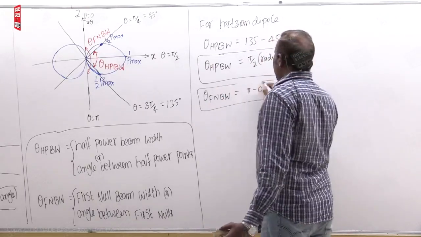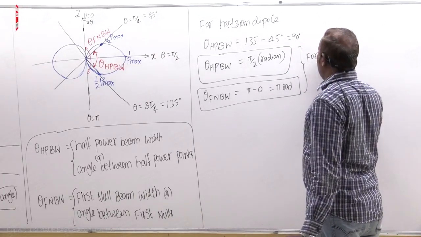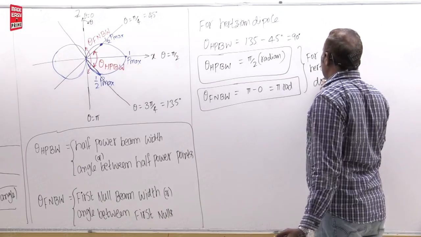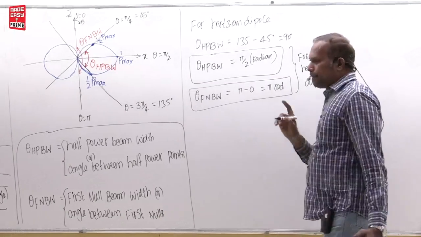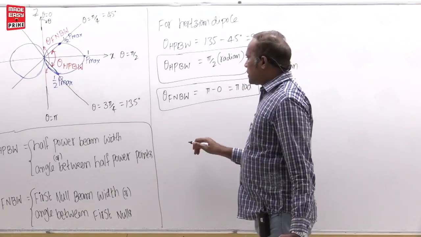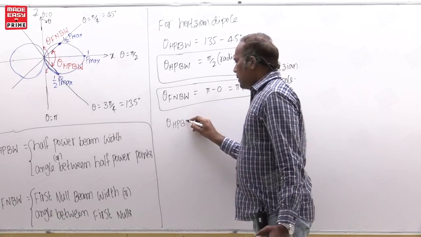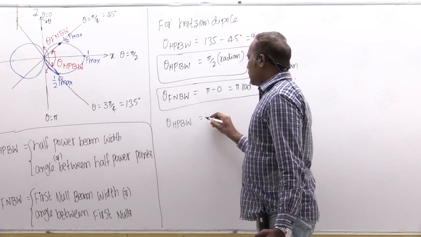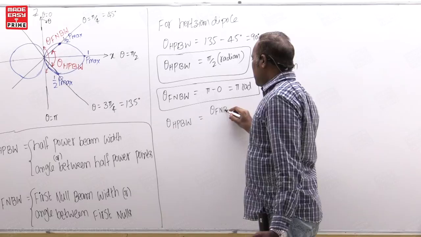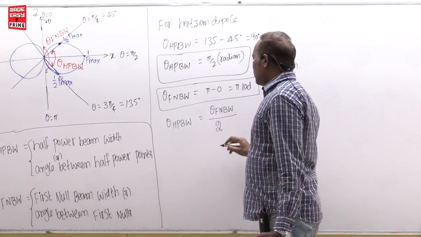These two are for which antenna? For Hertzian dipole. Okay, next, from these two we got one conclusion. What is that conclusion? Half power beam width is equal to first null beam width divided by 2.